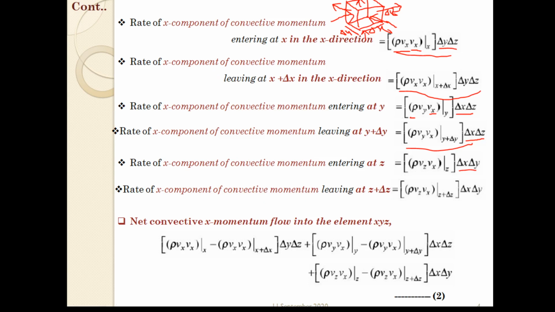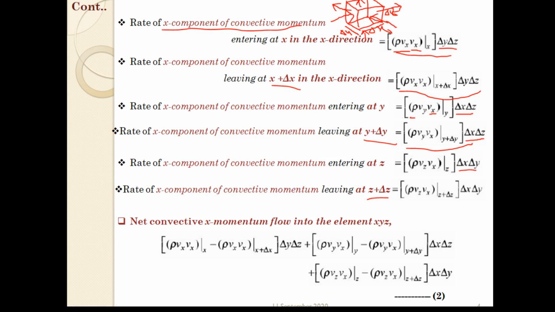All these are the x component of convective momentum through different phases, entering and leaving. So x component of convective momentum entering in x, y and z direction and leaving at x plus del x, y plus del y and z plus del z.